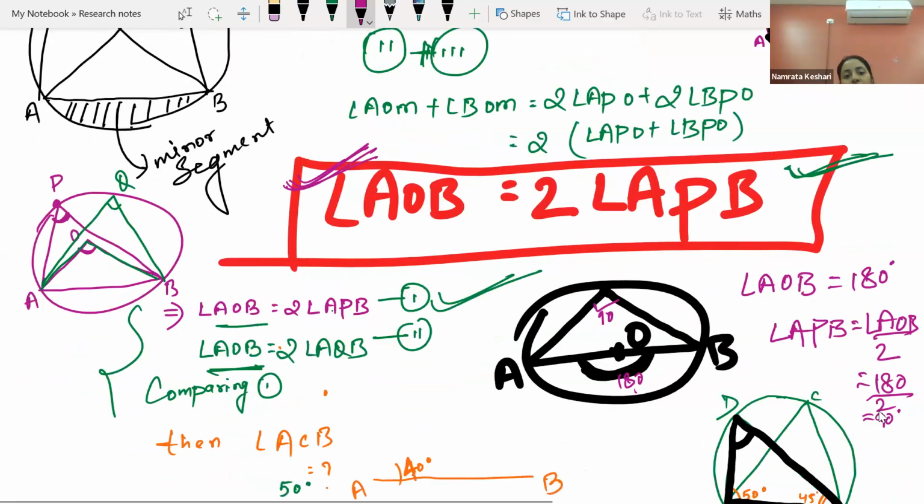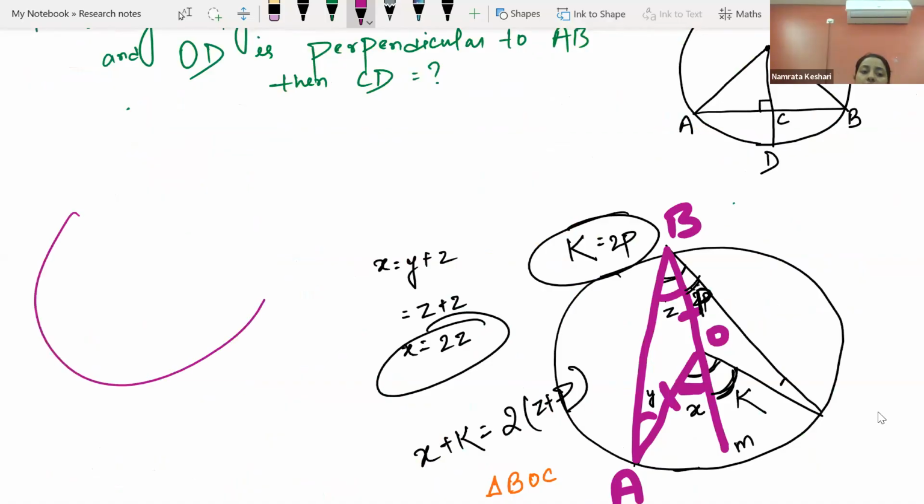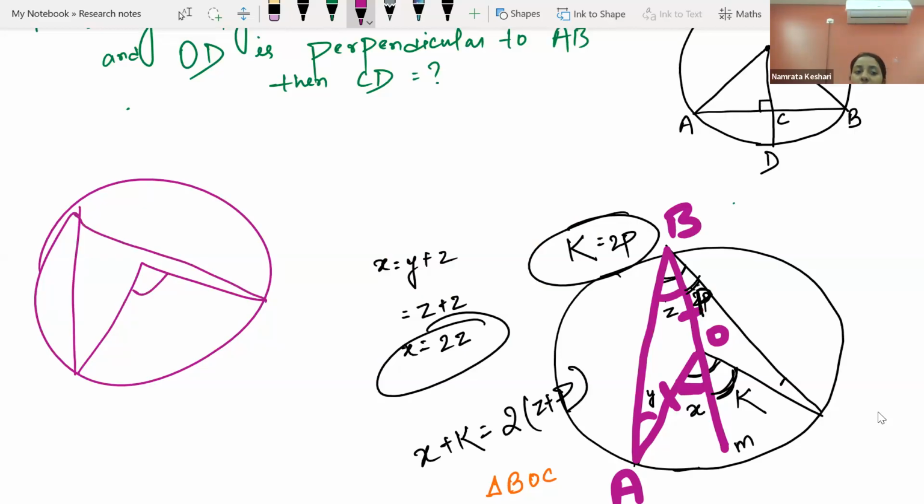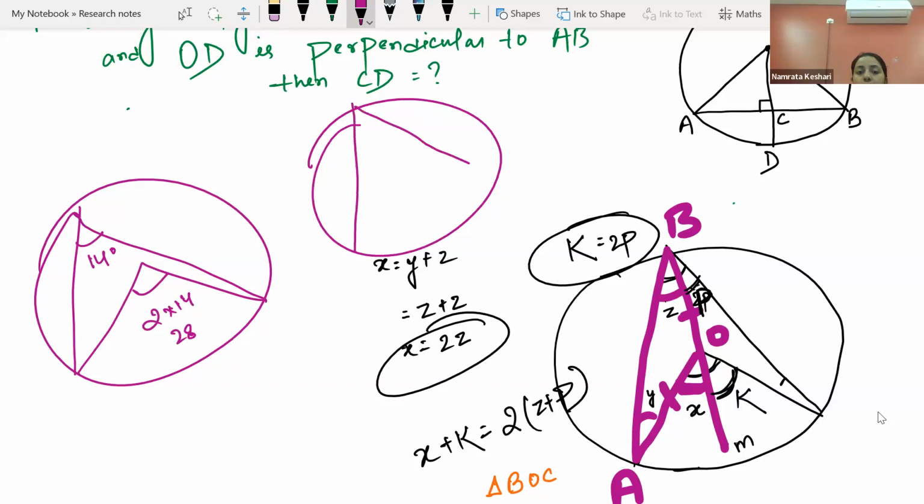याद रखना ये थ्योरम, जो हमने डिस्कस किया है, that angle created by an arc at the center is double the angle created by it on the remaining part of the circle. तो अगर क्वेश्चन में इन केस यहाँ लिखा है 14 डिग्री, then this will be of course 2 into 14, that means 28. बट इन केस हमारा क्वेश्चन अगर ऐसे दिया हुआ है that angle on the circumference we are supposed to find, and the center's angle is given as, let's call it, 100 degree, then this angle on the circumference will be half of that.